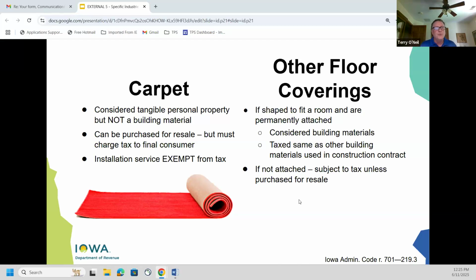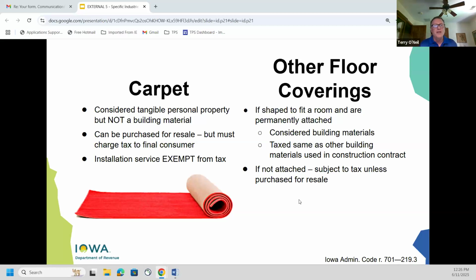Carpeting can be purchased for resale, but again, if you're the carpet contractor, you've got to charge tax to the final consumer, to the customer, unless, of course, the customer is tax exempt for some reason. But if any of us were getting new carpeting put in our living room at our home, we'd hire a carpeting contractor to do the work for us.